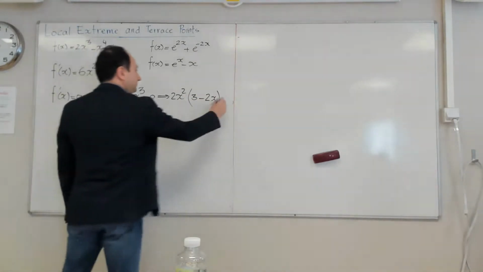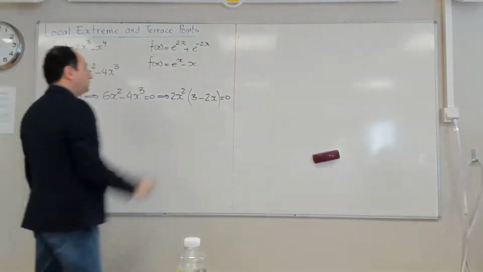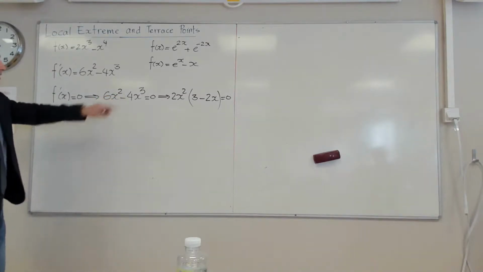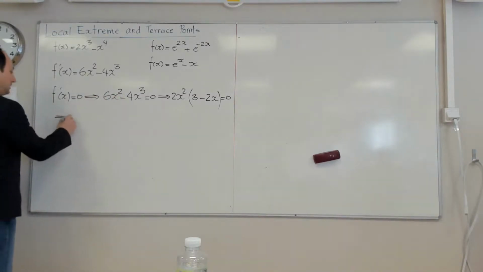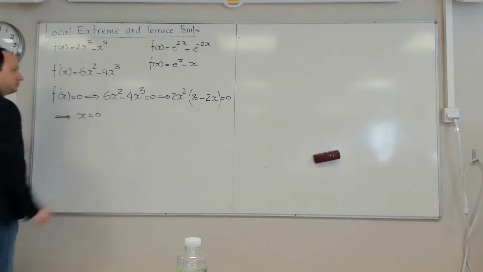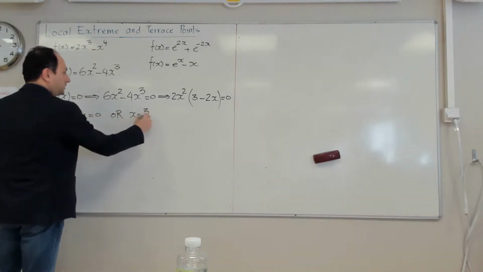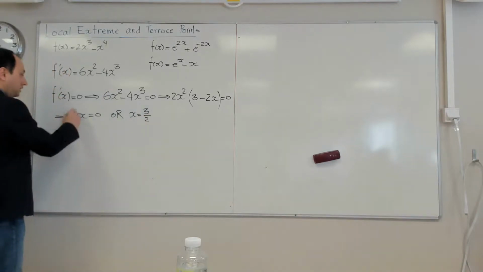Am I right? Yeah, this number is a little bad number. Anyway, I have done everything correct here. And then this means that either x is equal to 0 or x is equal to 3/2. Do you agree? These are the candidates.